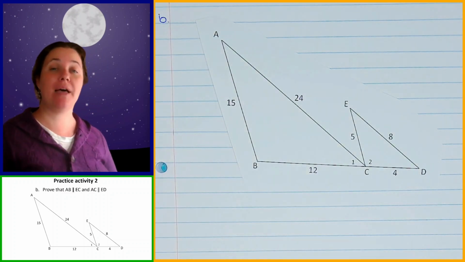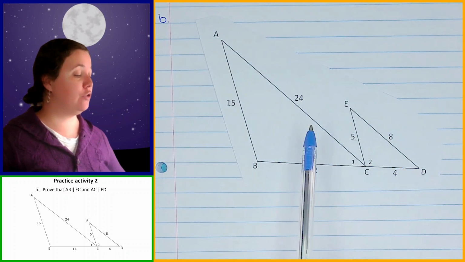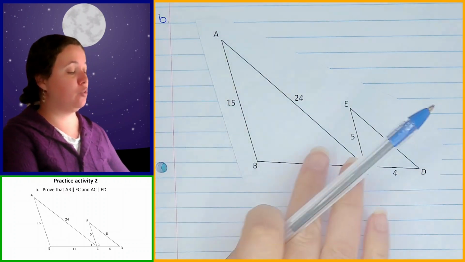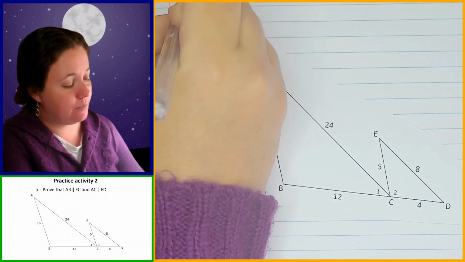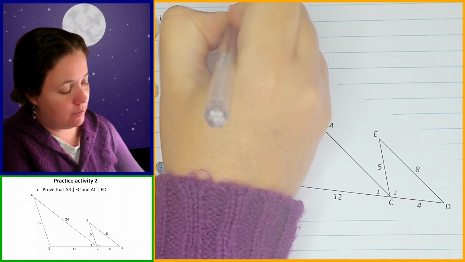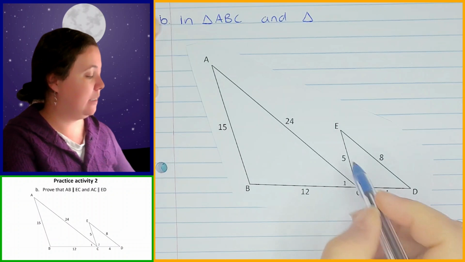In order to prove that, I first need to prove that these two triangles are similar, using the lengths of the sides that they have given. Okay, so I'm going to work in triangle ABC and triangle ECD.